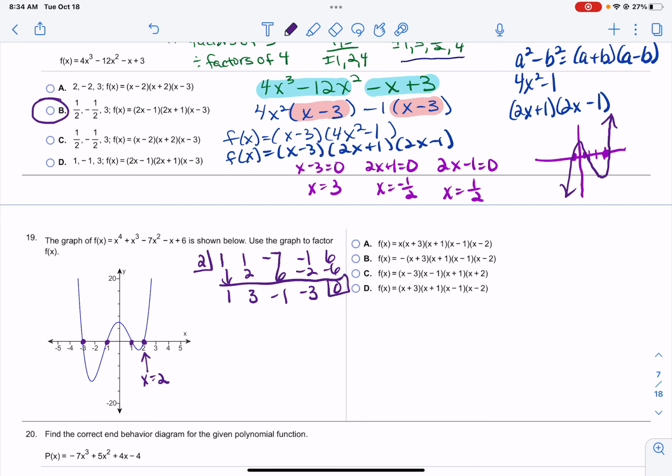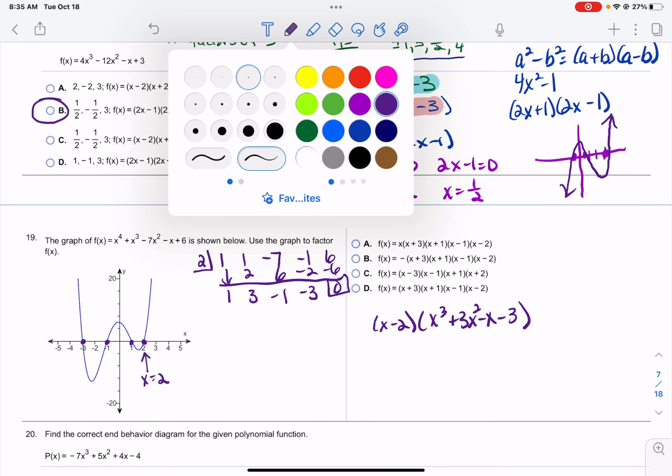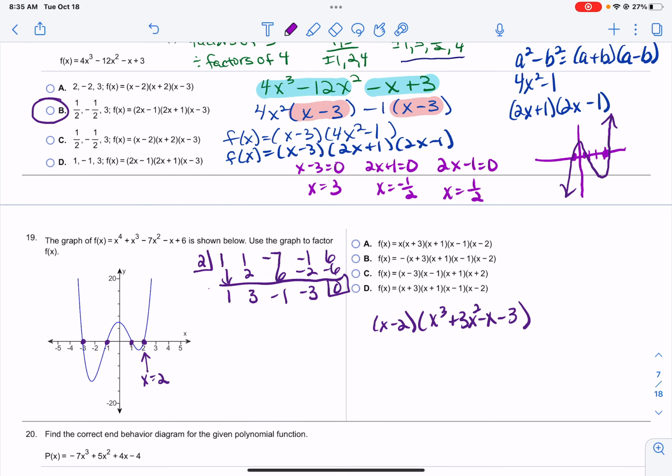Since x equals 2 is a zero of the polynomial function, that means x minus 2 is a factor. And the remaining part, what's left underneath in synthetic division, is 1x cubed plus 3x squared minus 1x minus 3. But this can be factored even further. This is a really neat shortcut for continuing to factor if you know what those zeros are.